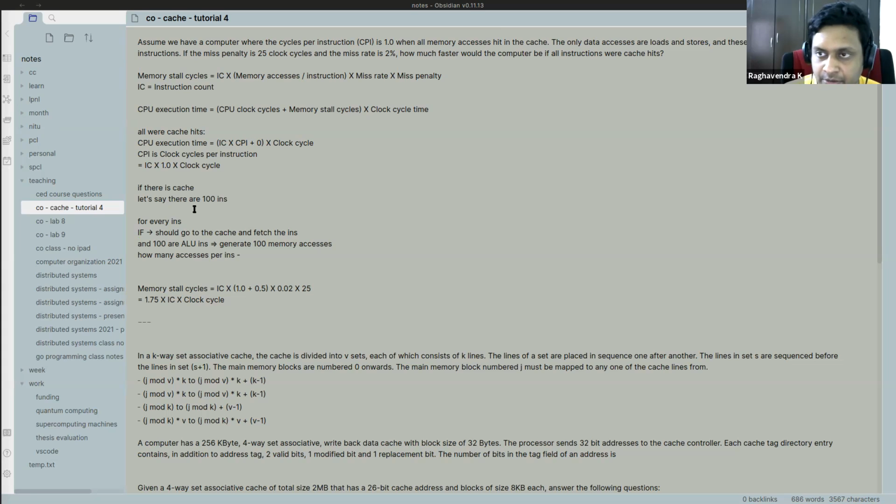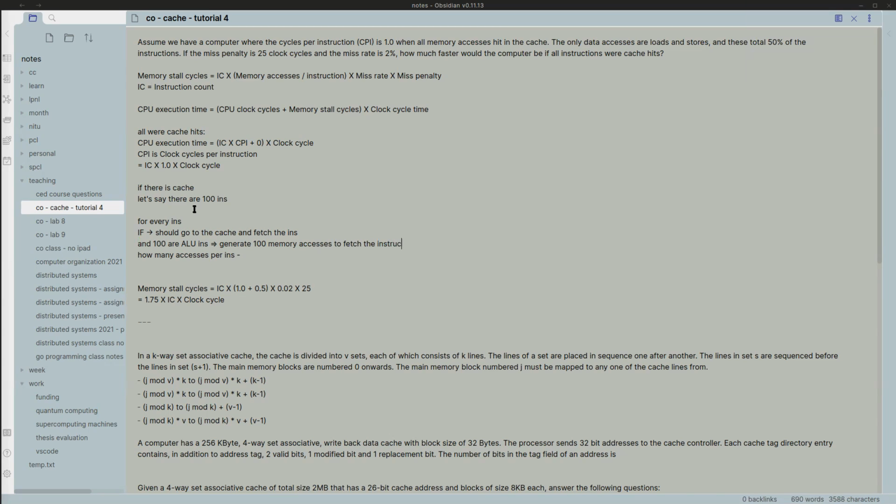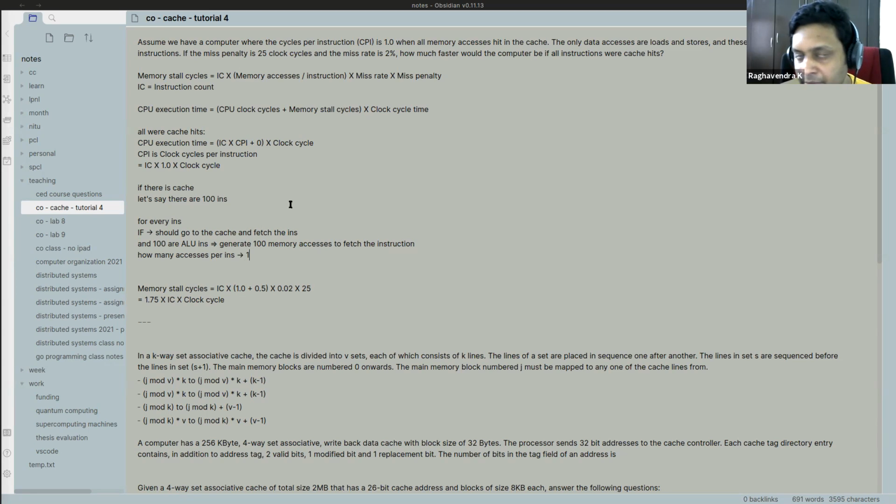I'm not generating any loads and stores, so I'm generating 100 memory accesses to fetch the instructions. So it's one access per instruction, right? If there were no other memory accesses, what should I have plugged in here? It is 1, right? In this equation, this should have become 1 because the number of memory accesses per instruction would have been 1. Do you agree? Yes.